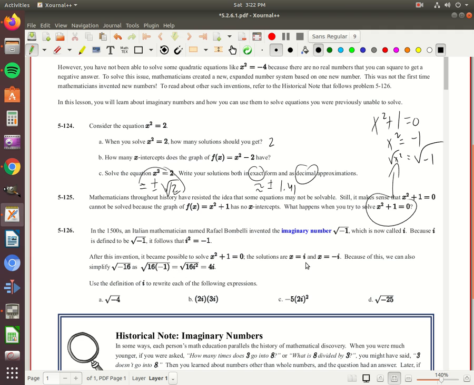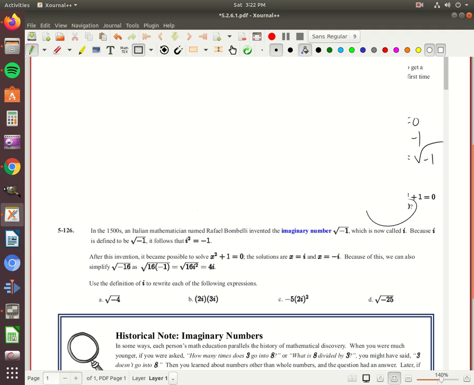So let's talk about this real quickly before we jump too much into problem 5.126. So i, and what it does and kind of how it came into being here. So I will say that i is the square root of -1, right?